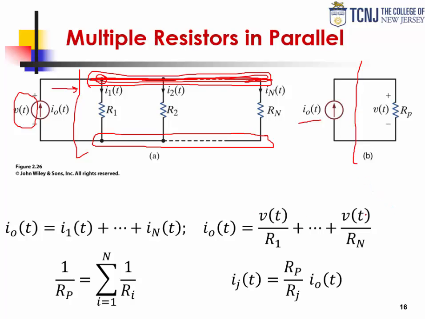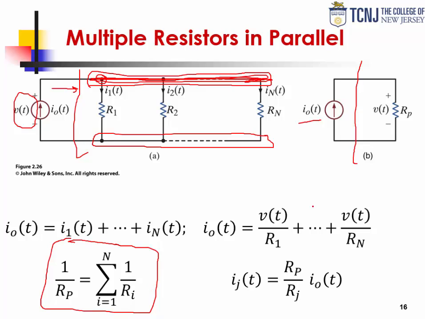Now if I divide both sides by the voltage, the current divided by the voltage is going to be 1 over the resistance, I get this expression. So the total resistance, or 1 over it, is going to be the sum of the reciprocal of the individual resistances.